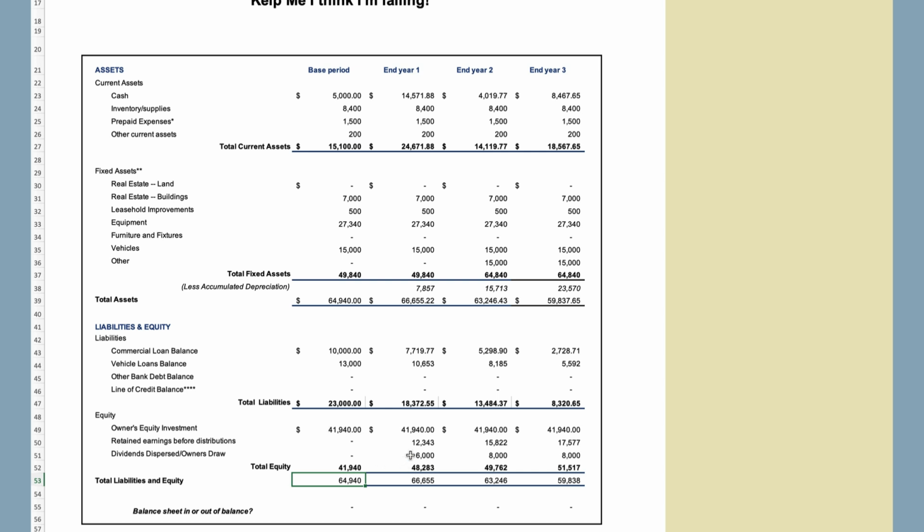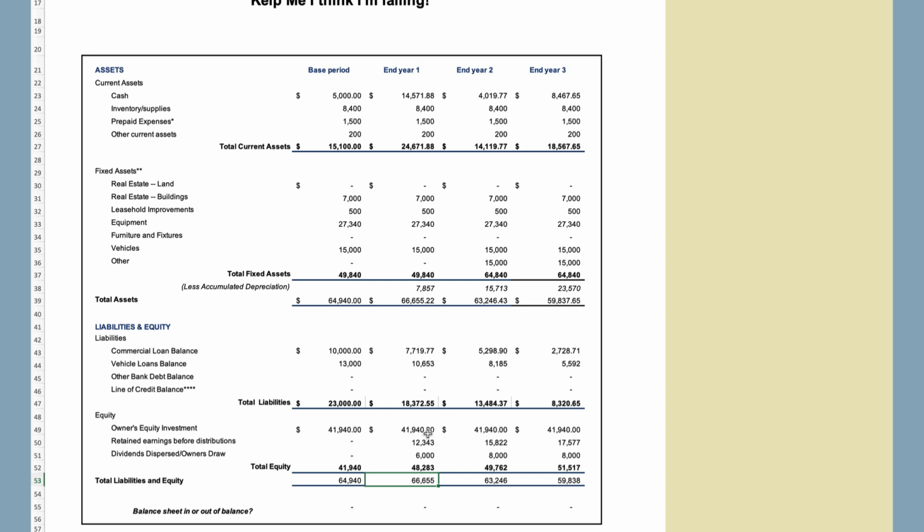In the next year, by the end of the first year, we bring the cash balance at the end of the year over from the cash flow statement. The value of all of our fixed assets is being drawn down by depreciation. Our loan balances are coming down because we're paying them off.